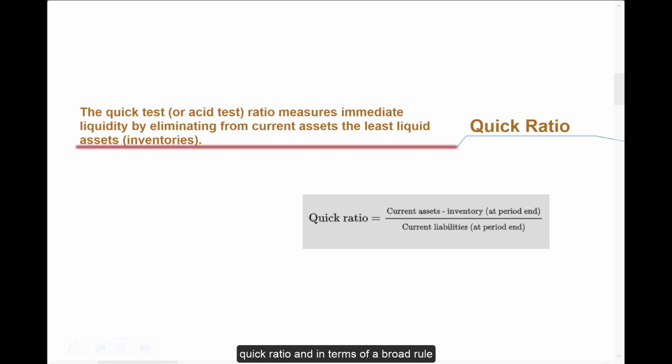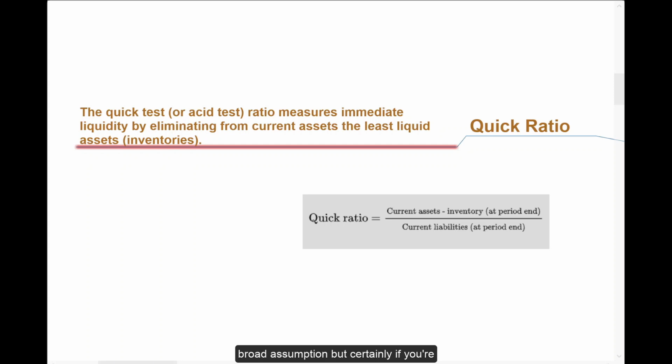And in terms of a broad rule of thumb in this area of liquidity, in an ideal situation, you're probably looking at 2 to 1. So you want your current assets to be roughly twice the size.